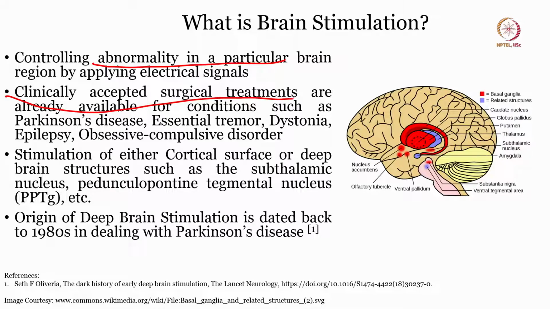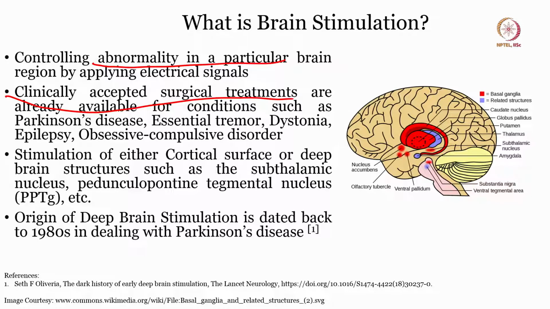There are many neurological disorders like Parkinson's disease, essential tremor, dystonia, epilepsy, and obsessive compulsive disorder. Through brain stimulation we are going to try to get back to the normality of the brain, but let us see whether we can get it back completely or partially.